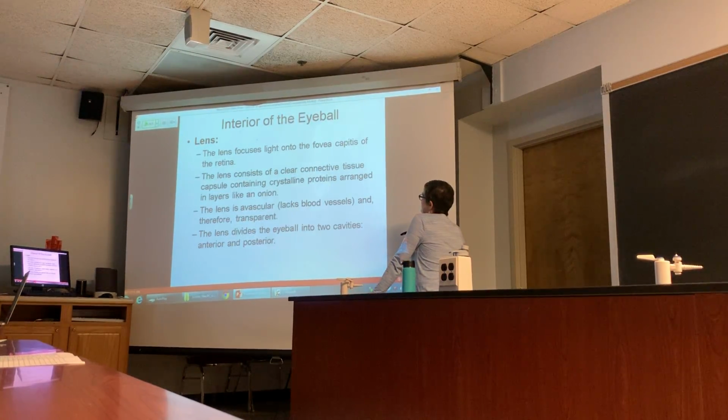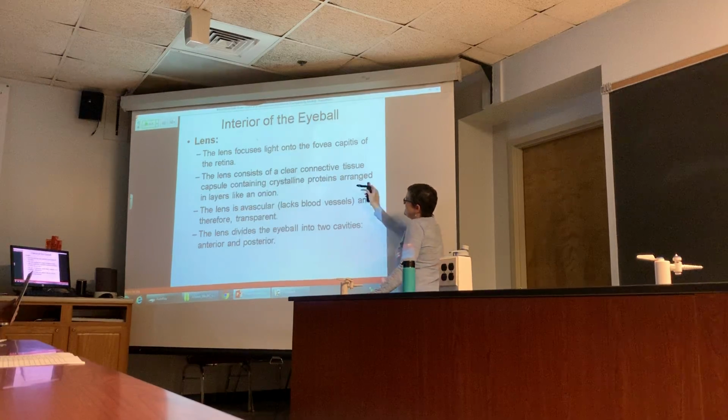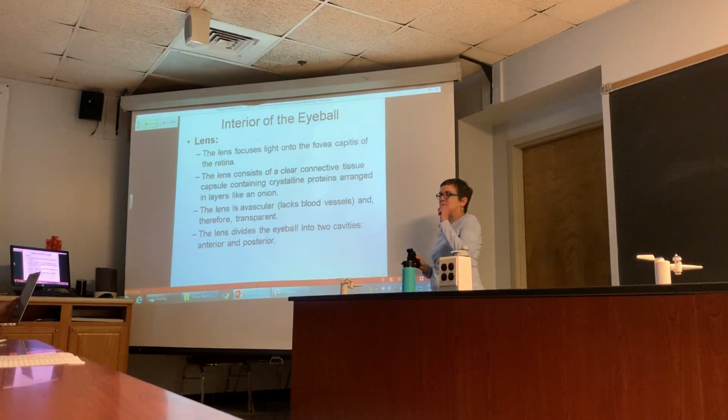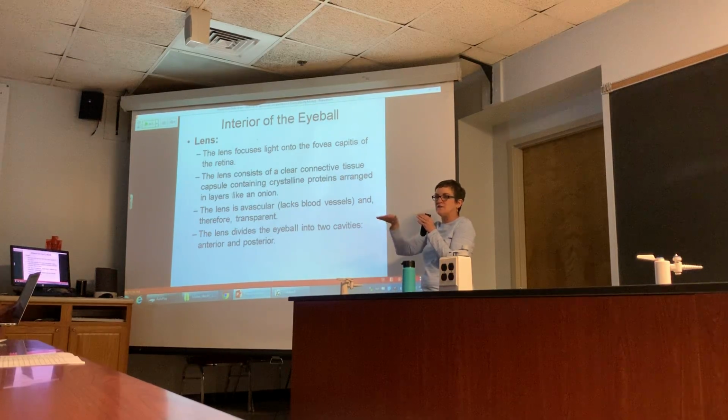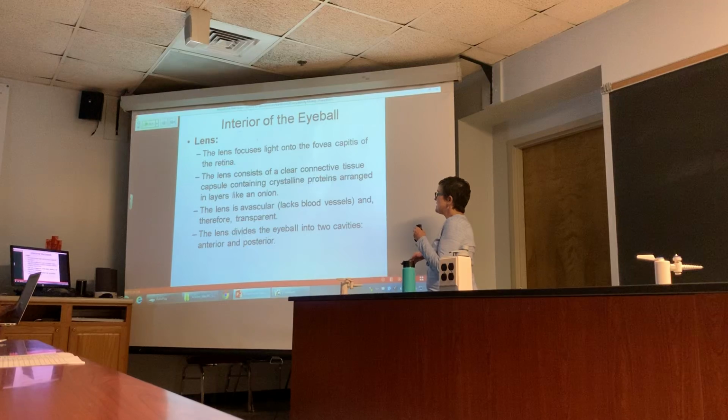The lens is a connective tissue capsule that is transparent. It consists of what are called crystalline proteins. They're called that because they're clear proteins, like a crystal, and they're arranged in layers like an onion. So you have these layers of this connective tissue protein. And so when it's clear, of course, it's going to work best.